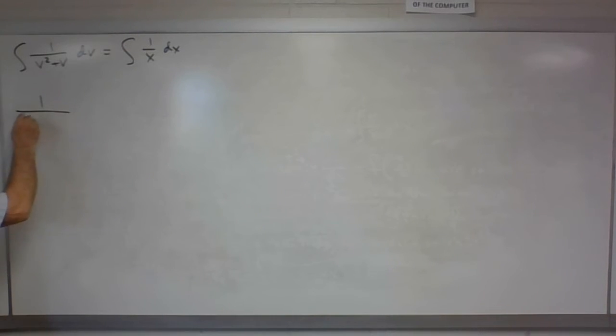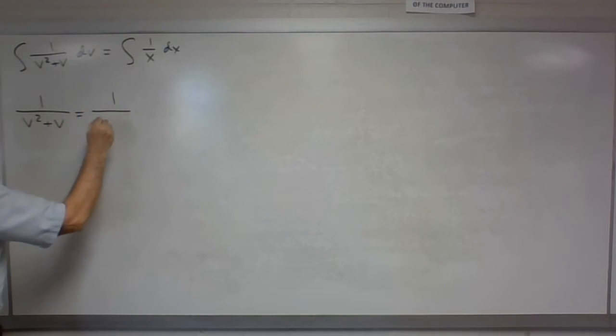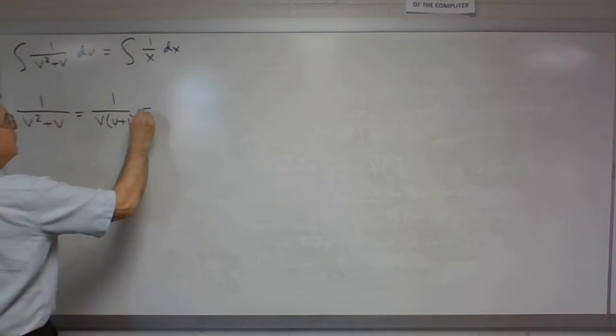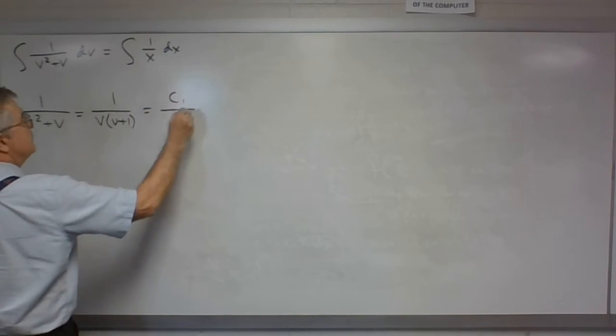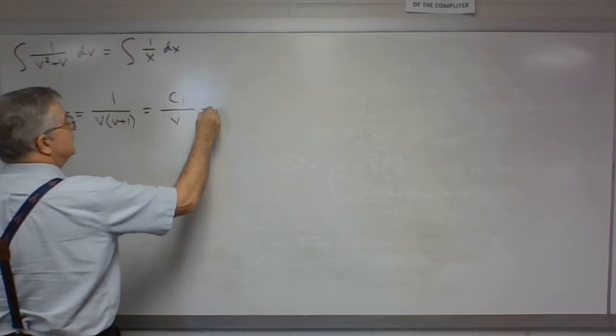I take my expression, 1 plus v squared, 1 over v squared plus v. I factor the bottom, v plus 1. And then I write it as the sum of two separate fractions.